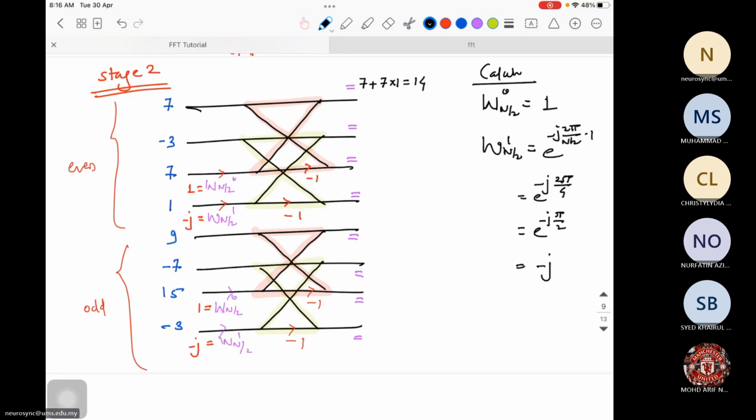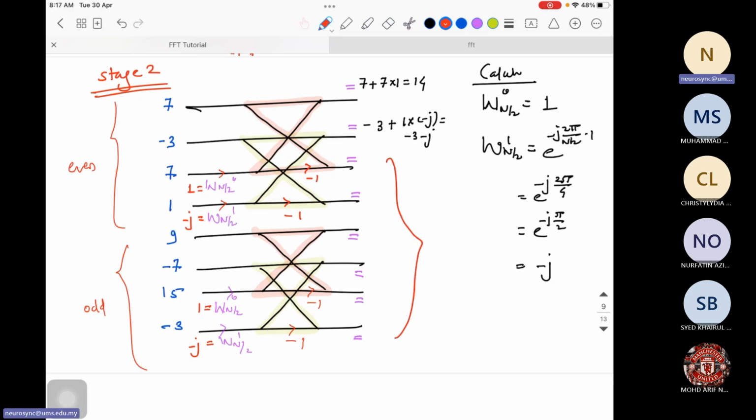Second value, minus 3 plus 1 into minus j, that is minus 3 minus j. Correct? Third value. So like this, you can compute the values. I leave it to you to find these values.